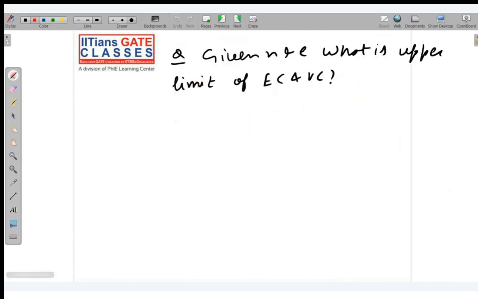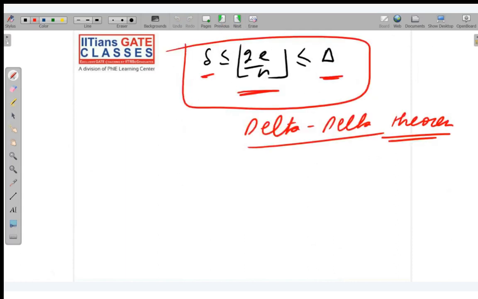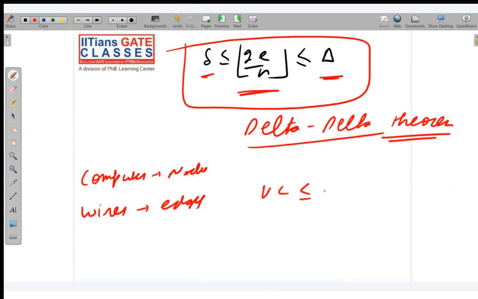Okay, so here itself, in the slide I have not written it, so let me tell you. See this, I have some wires and I have some computers. Computers mean nodes and wires mean edges. I have told you the theorem: vertex connectivity is less than or equal to edge connectivity, which is less than or equal to minimum degree.